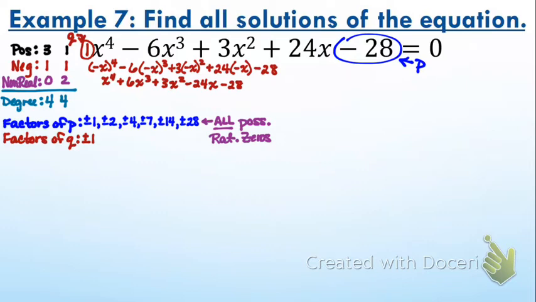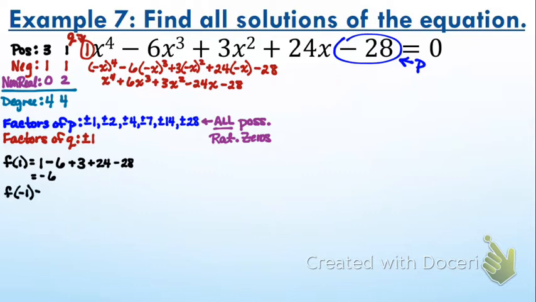So I'm going to substitute in 1, so that would give me 1 minus 6 plus 3 plus 24 minus 28. I'm going to add that up: negative 5, negative 2, 22 minus 28, that's negative 6. So no to the positive 1.